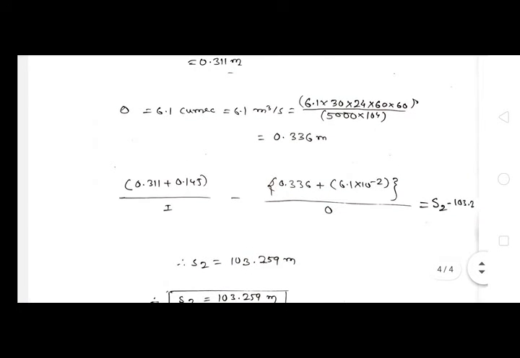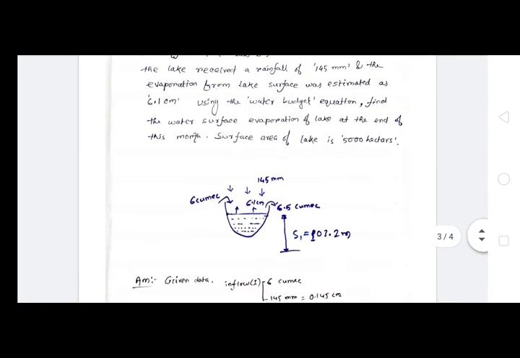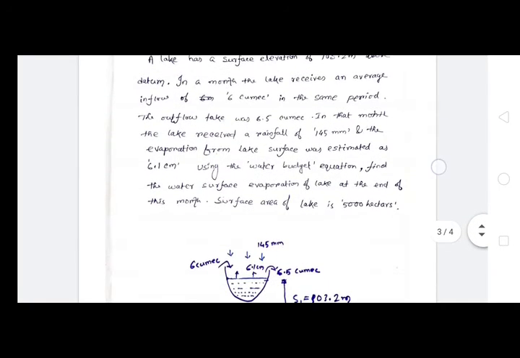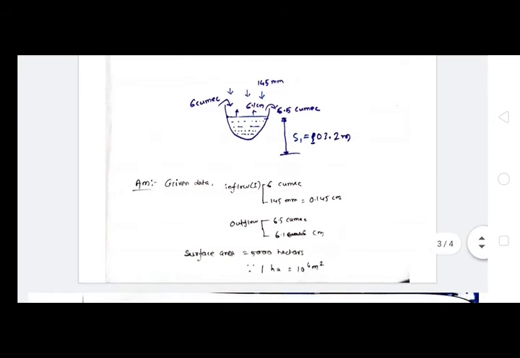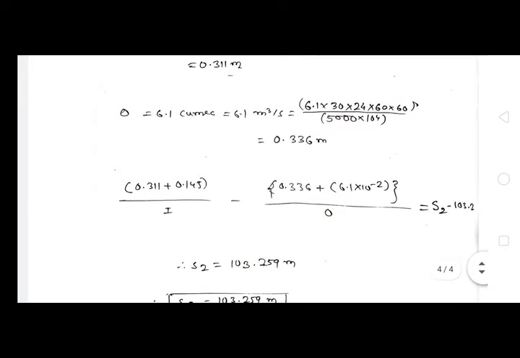Now if we apply the water budget equation, we can have our desired value, that is denoted by S2, and S1 is the surface elevation which is given from the arbitrary datum level. So we can have, by calculating using the water budget equation, 0.311 plus 0.1455, that is inflow, minus 0.336 plus 6.1 into 10 to the power minus 2.